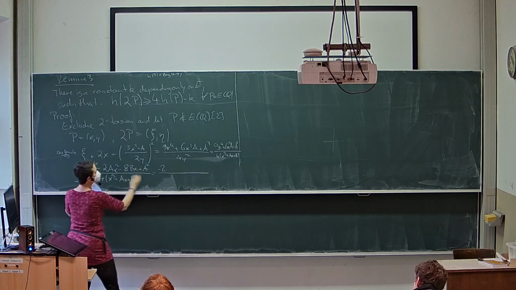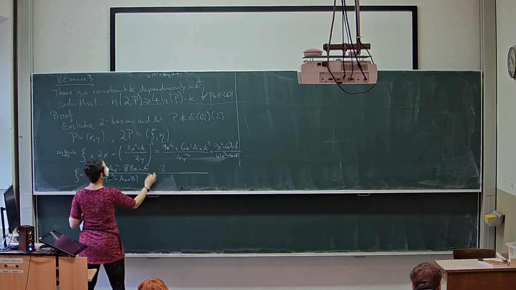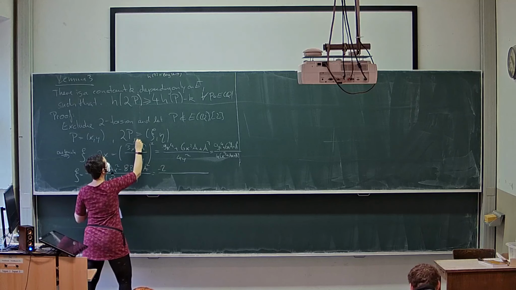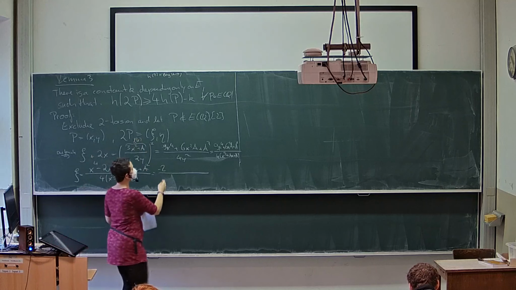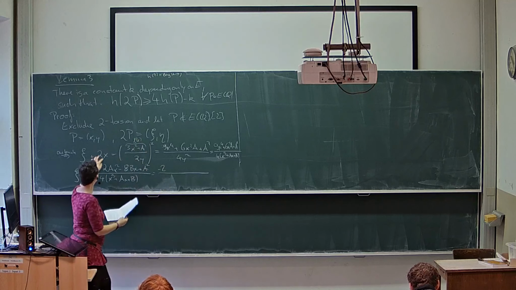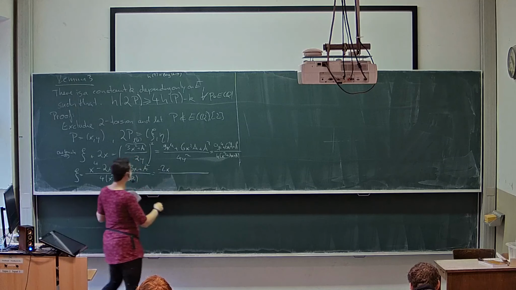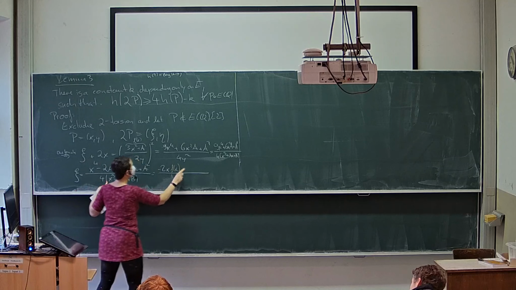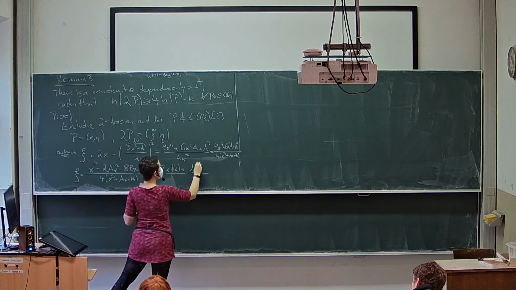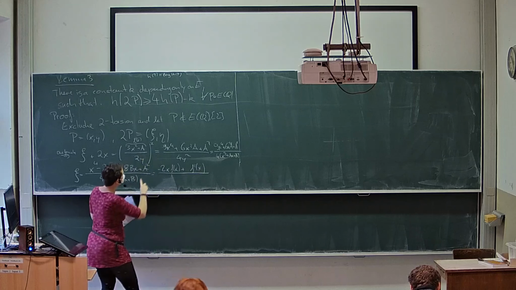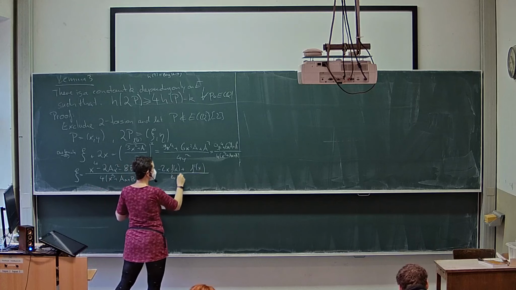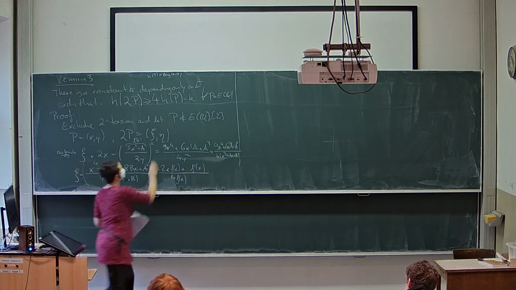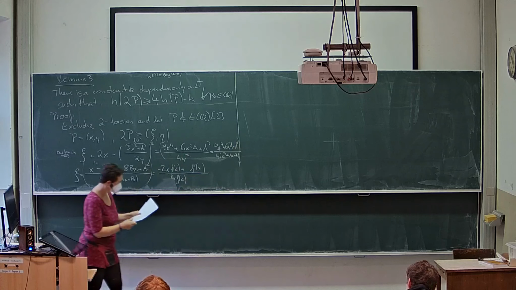Actually, we wouldn't have needed all of this, because this is f prime of x, and this is all that we want. So we have here our minus 2x times f of x, and now we have x prime, and here we have 4f of x. So this is actually not needed at all, I think.